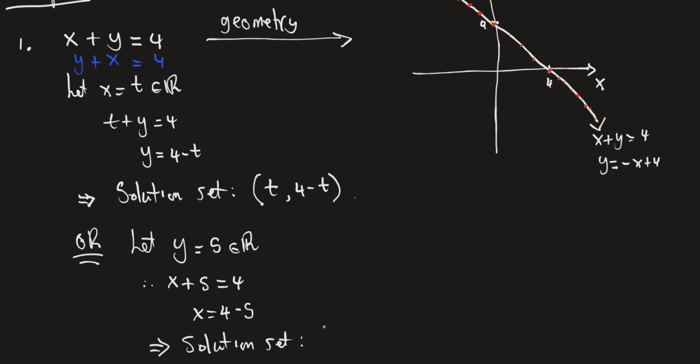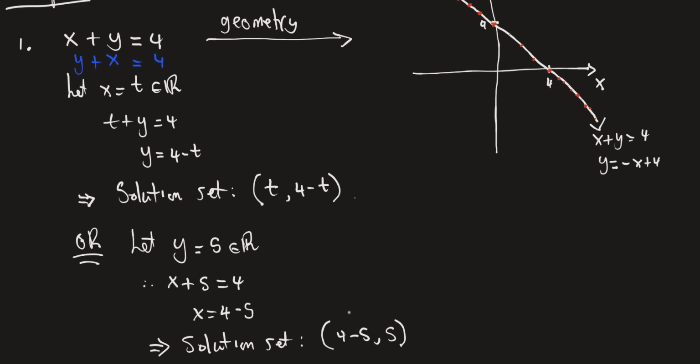Now, the first value in my ordered pair, or in this case expression, will be 4 minus s, and then the y value would be s, right? So these two ordered pairs look different.